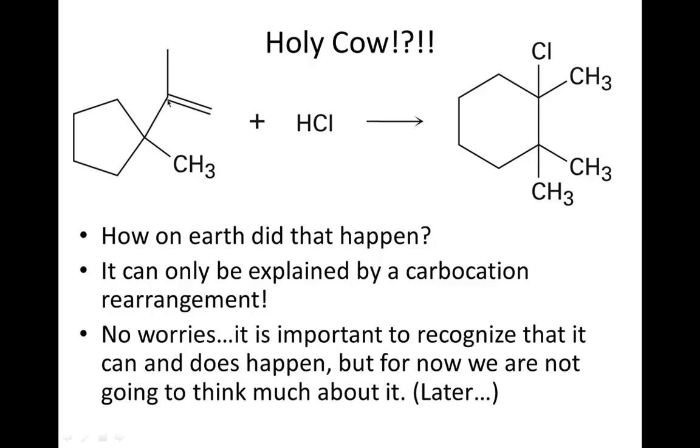That's going to make your 6-membered ring because that's going to be a more stable carbocation than the one right here. This one would be secondary. If I move this bond, then that's a tertiary carbon once that leaves, and tertiaries are more stable than secondaries, and so that's how you get here. But like I said, you don't really need to be able to figure that out right now, but this actually is a problem in the book.